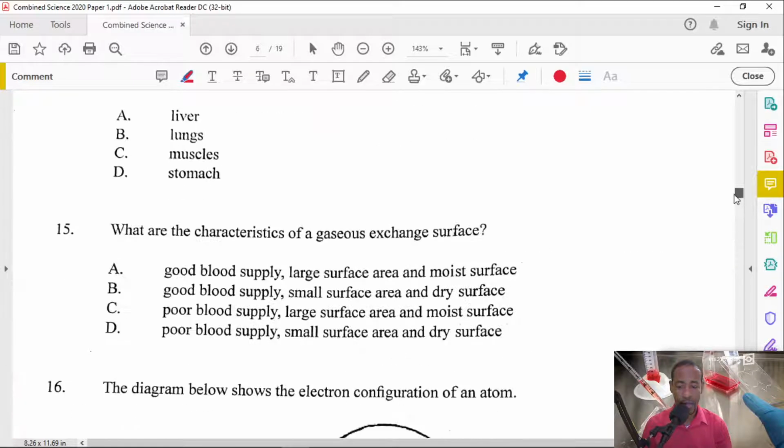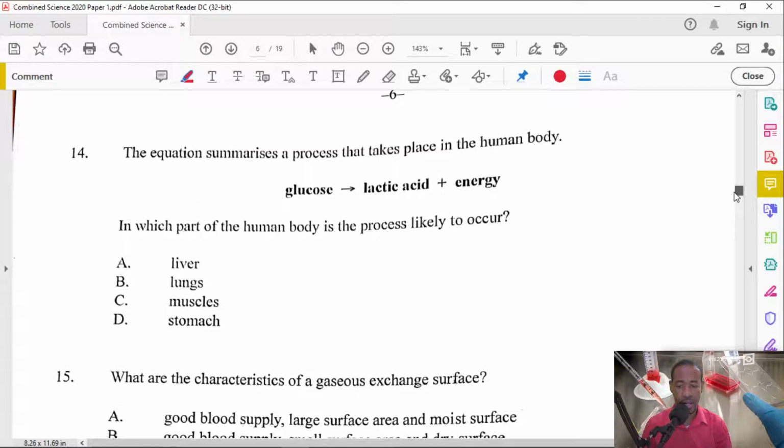All right, number 14 here. And number 14 reads now, the equation summarizes a process that takes place in the human body. So we have glucose producing lactic acid plus energy. Now, you should remember that when you produce lactic acid, it is a fermentation process which is anaerobic.